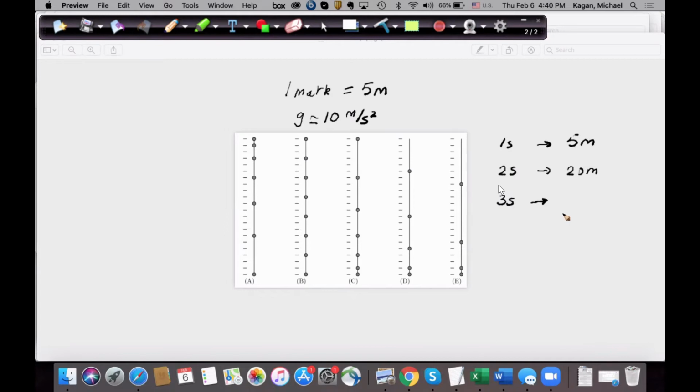Okay. Let me just put it down here. Okay. And if you convert this to tick marks, this would be 1, 4, 9, and that's what it does, right? 0, 1, 4, 9.